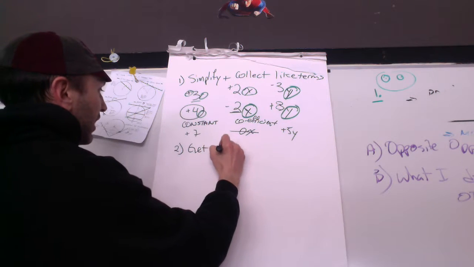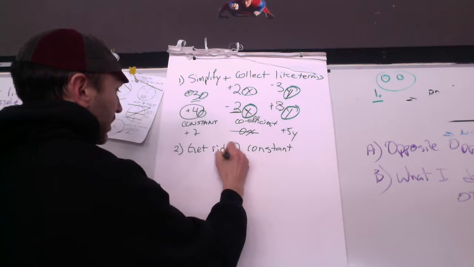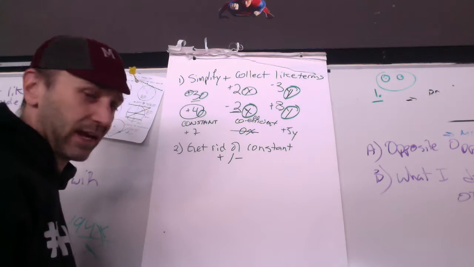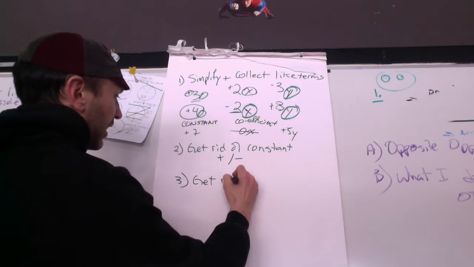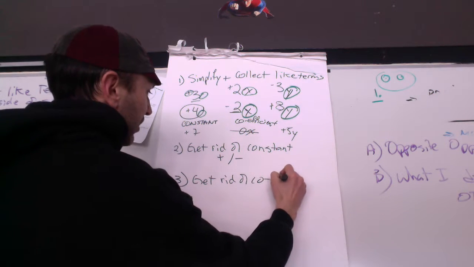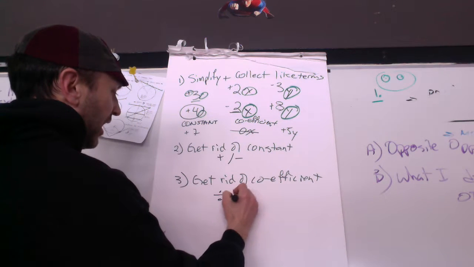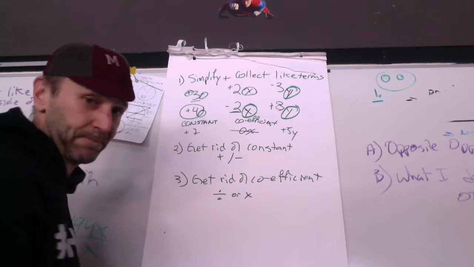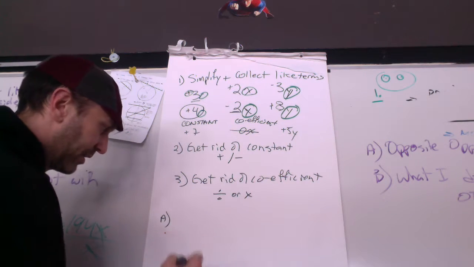Get rid of constant using positive or negative. Rule number 3, get rid of coefficient using divide or multiply. Now A, this is the biggest thing you got to remember.